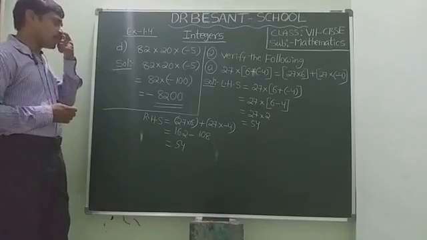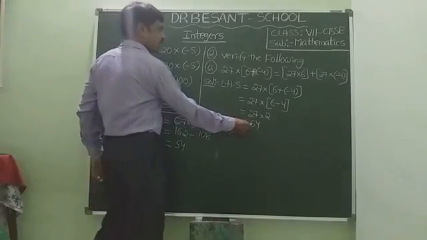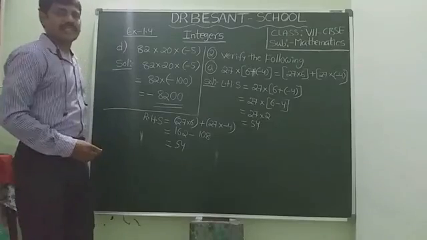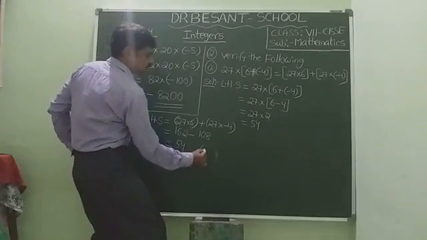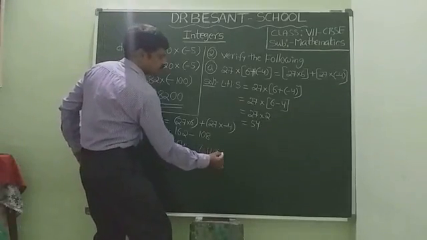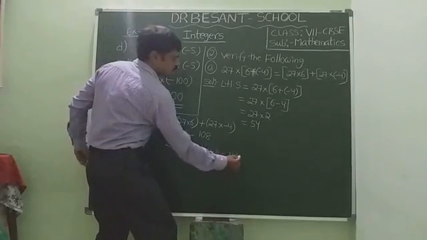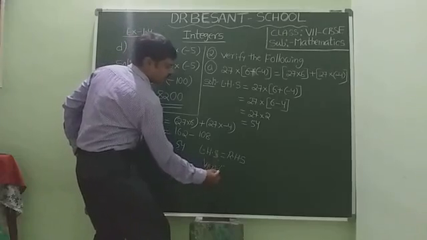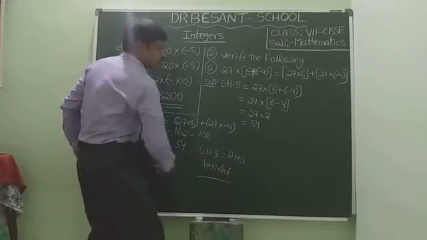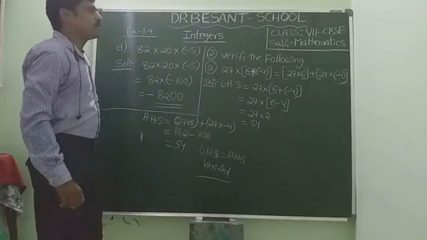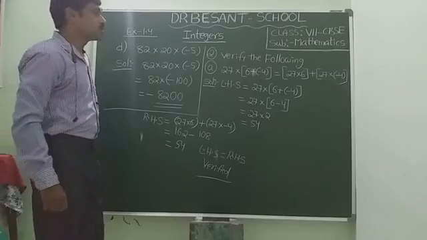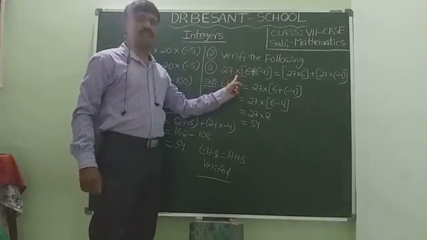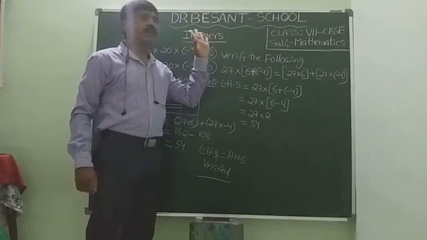So what can we conclude from this? LHS value 54, RHS value 54. So LHS is equal to RHS. So verified or not? Yes, we conclude that it is verified. This is a correct statement. So which property have we used? This belongs to the distributive property of multiplication over addition.